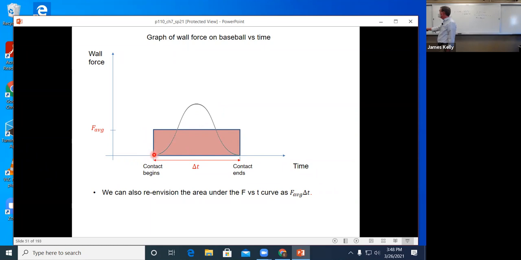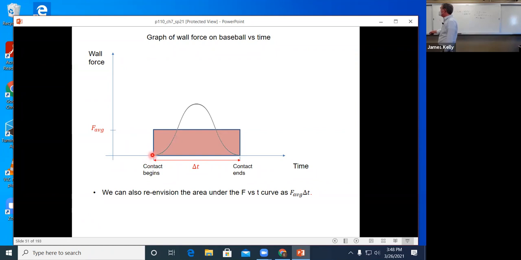And notice I've kept the width of the rectangle still to be from when contact begins to when contact ends. When we do that, the height of the rectangle that has the same area as the area under the original curve is, by definition, what we call the average force that was exerted between the initial contact and when contact ends. So if somebody tells us what the average force is, that's easy.